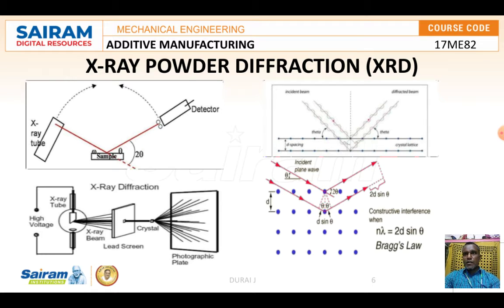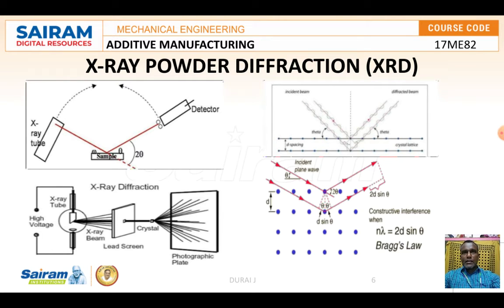The X-ray wavelength is similar to the spacing of the planes of the crystal lattice. Then comes the main parts of the X-ray powder diffraction.